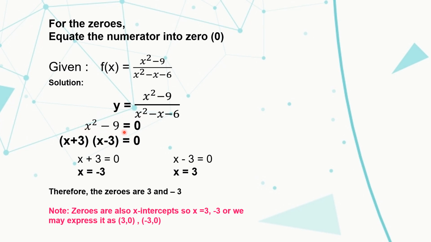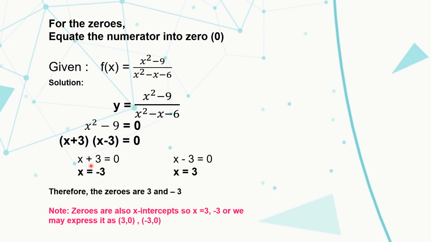Para ma-solve natin ang quadratic equation, we can use factoring. The factor of x squared minus 9 is x plus 3 and x minus 3. Since itong dalawa ay equal to 0, pwede natin siyang paghiwalayin. X plus 3 equals 0, x minus 3 equals 0.